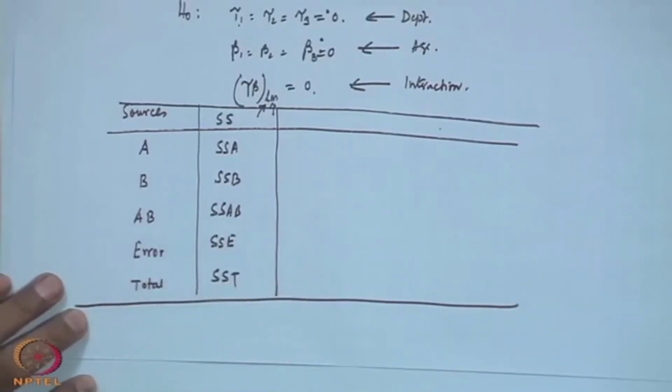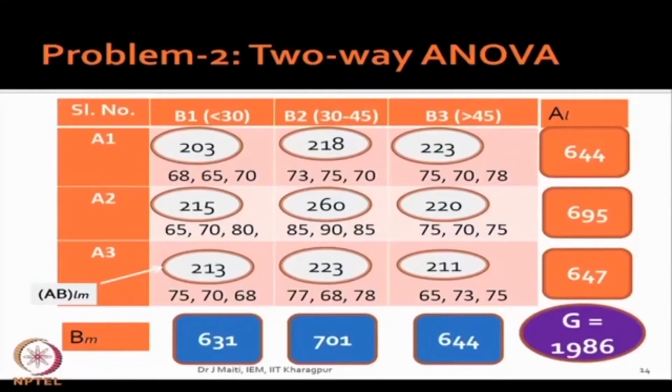So, how do you compute this? What will be your computation of SSA? You just see this table. See, what is the total across A1?